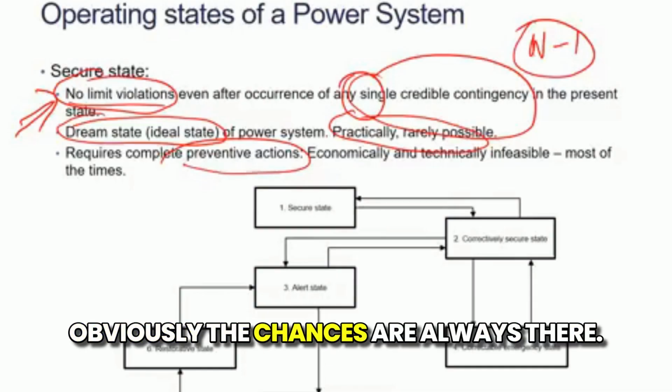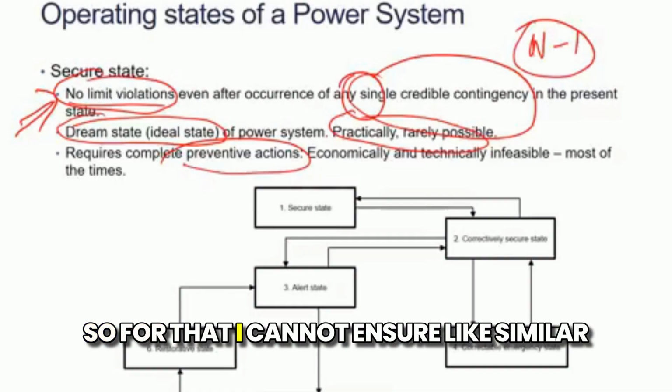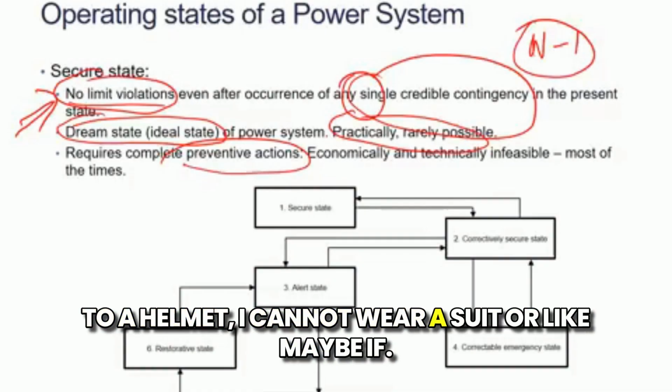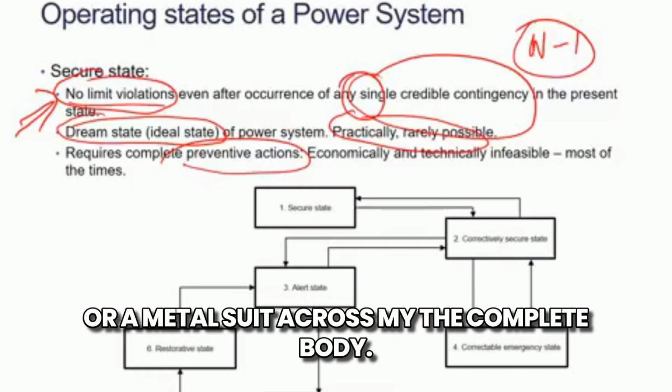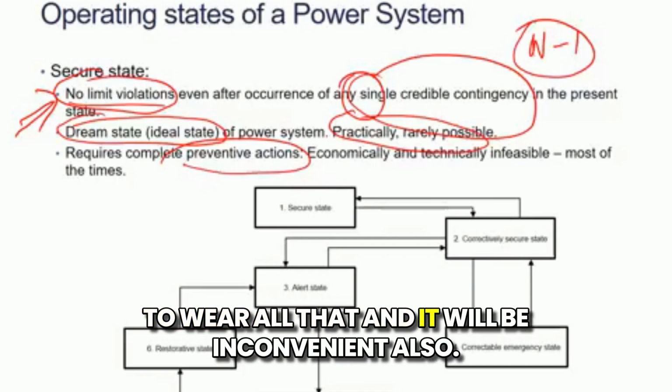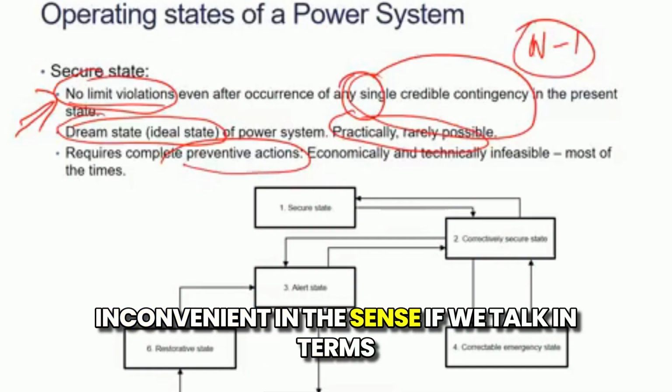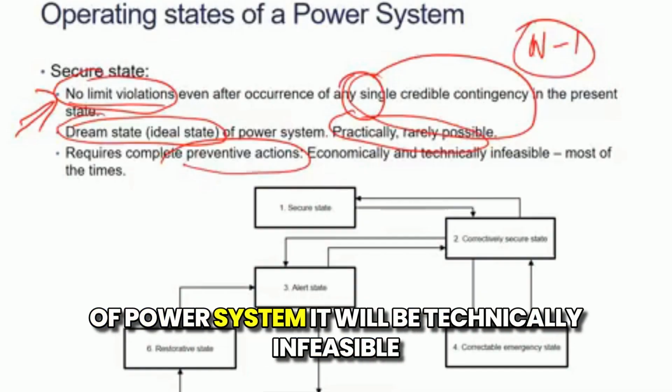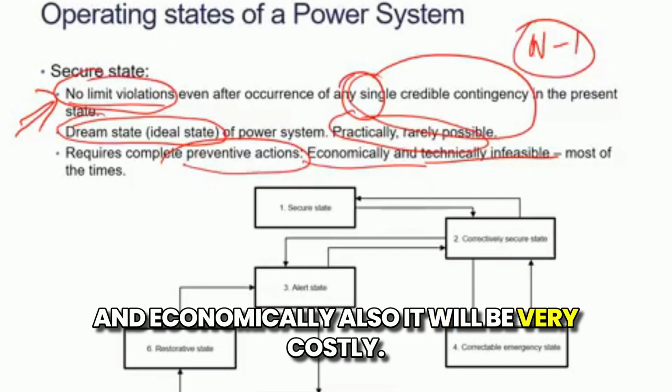I cannot wear a metal suit across the complete body, as it would be expensive and inconvenient. In terms of a power system, it would be technically infeasible and economically very costly.